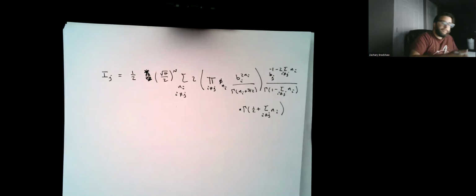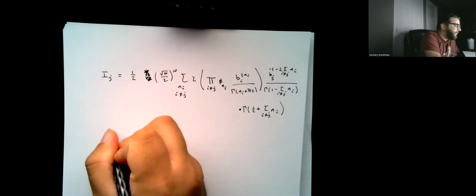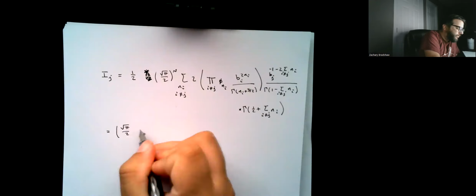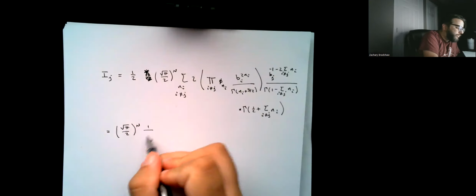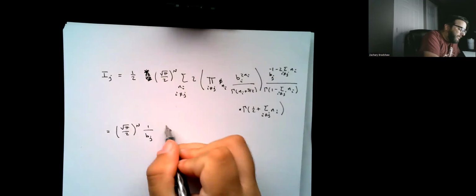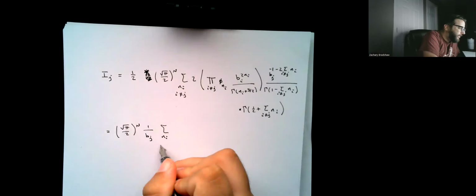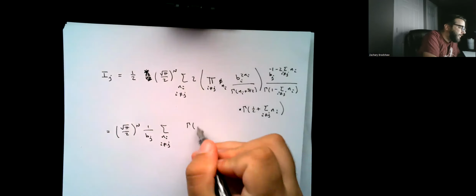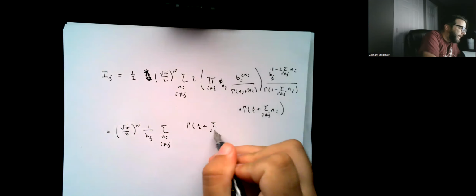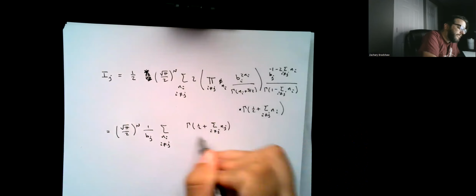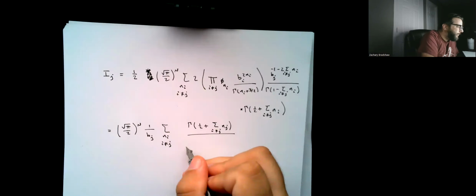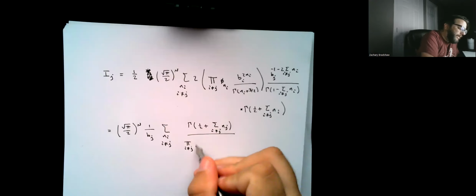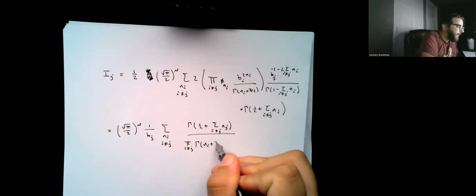Okay, so let's simplify this. This is a mess. So what do we get? We get the square root of pi over 2 to the n power times 1 over bj times the sum over ni with i not equal to j. We get a gamma of 1/2 plus the sum over i not equal to j of ni, over a product over i not equal to j of gamma of ni plus 3/2.